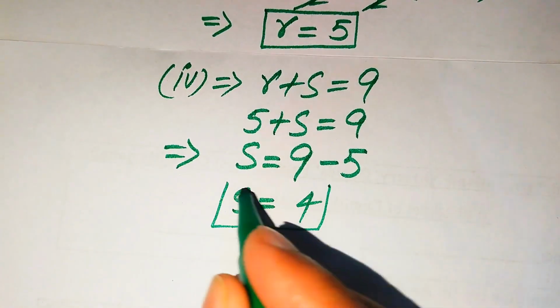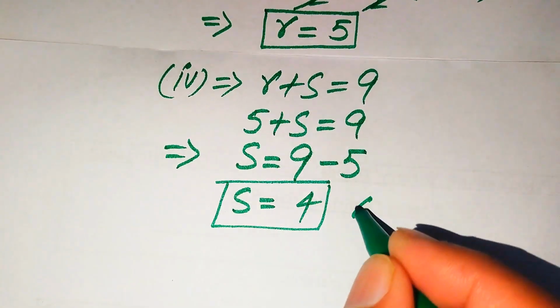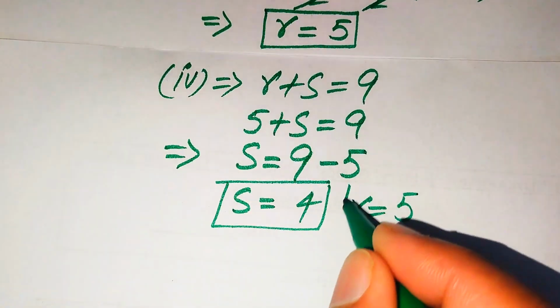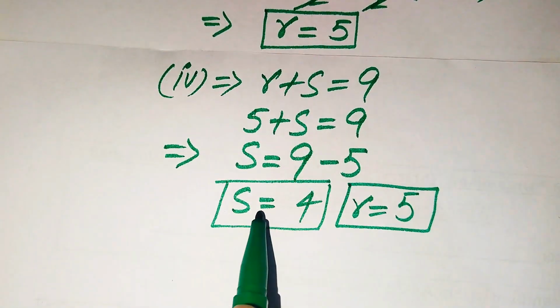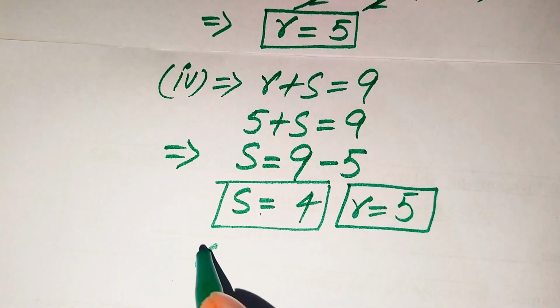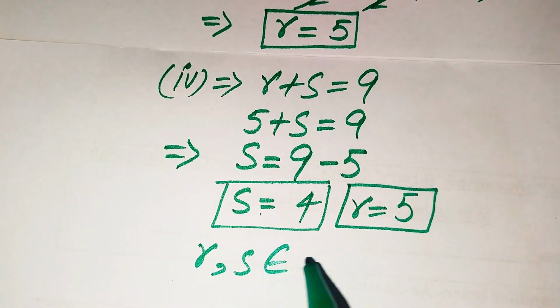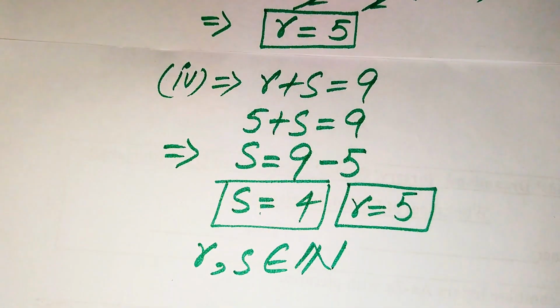So this is the value of s, and you see that the value of r is equal to 5. So in this case both of these two values are natural numbers. Both r and s belong to N.